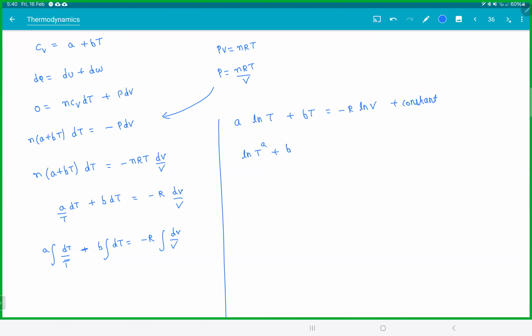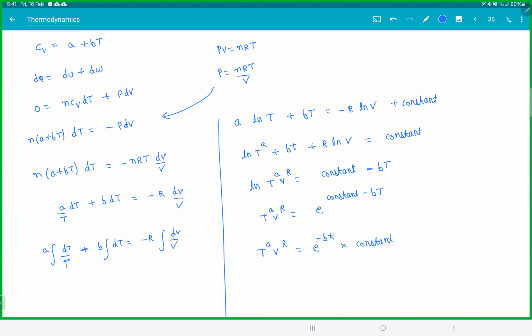So A ln T plus BT plus R ln V is a constant. Taking exponentials, e to the power of the constant is a constant only.